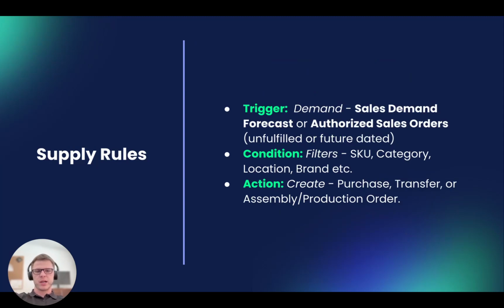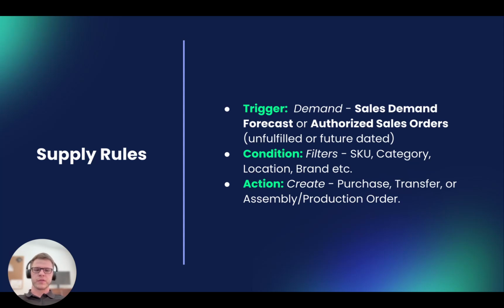Then we look at the supplier rules. So the supplier rules work on a demand, condition, action framework. So trigger, condition, action. We have demand, which is going to be our sales demand forecast or our authorized sales orders or transfer orders and that sort of thing. Then it depends on the conditions that we set for it. So is this for a specific SKU?